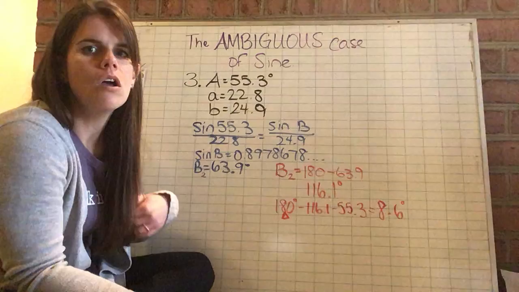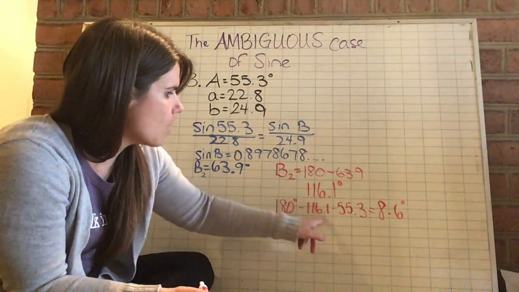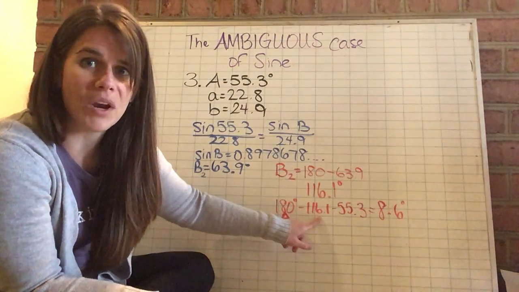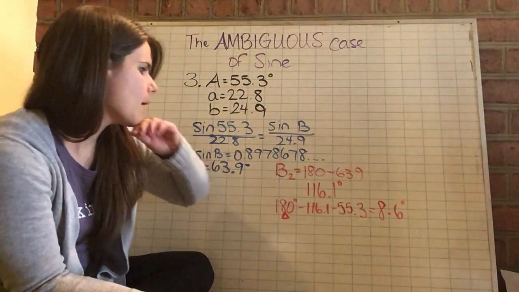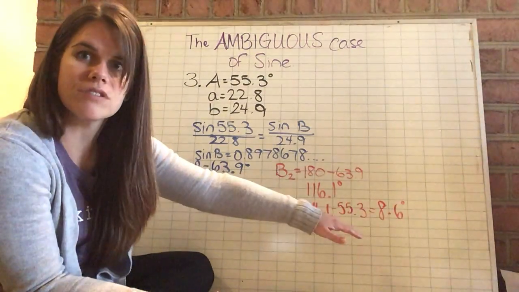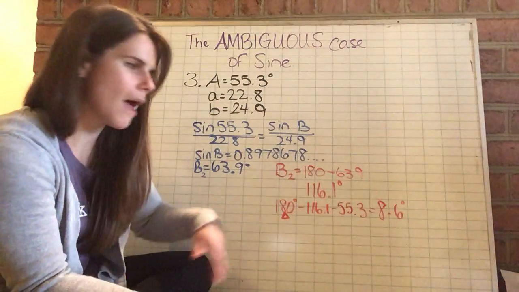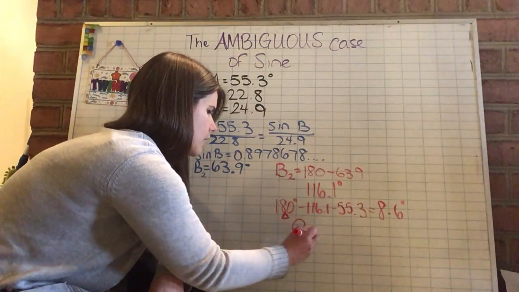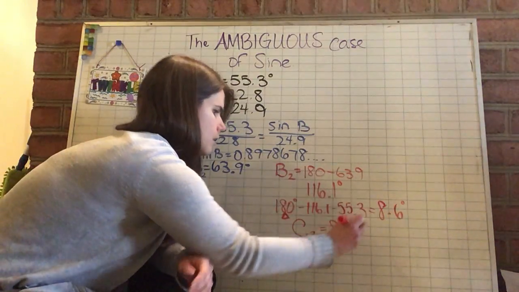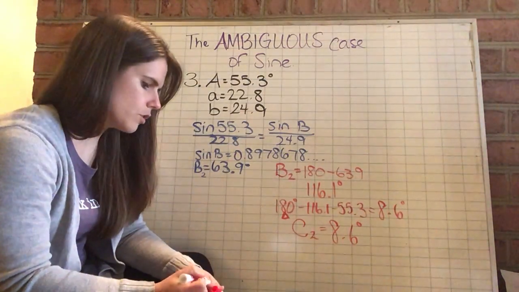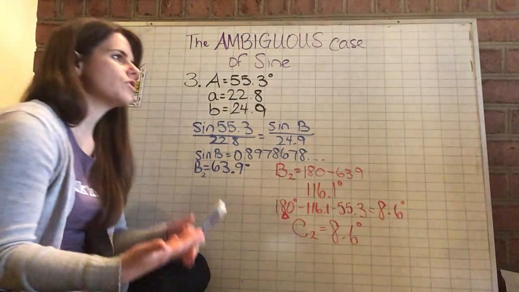It's still going to be a third angle possible because these two numbers added together are less than 180 degrees. So that's my third angle for the second possibility. So that math to check this is not wasted math because that tells you the second triangle's angle C is 8.6 degrees.